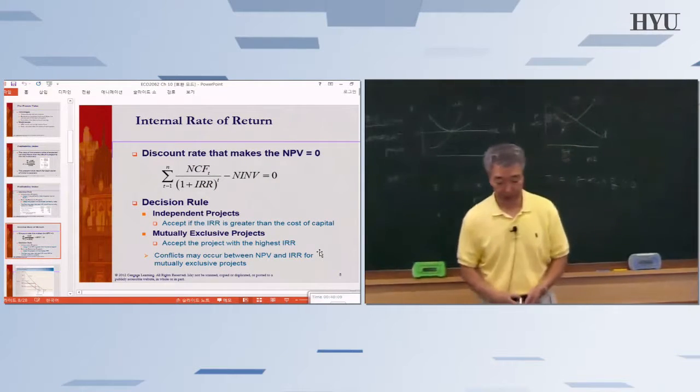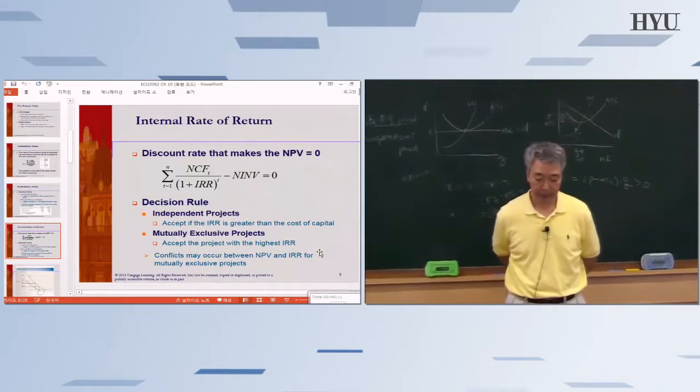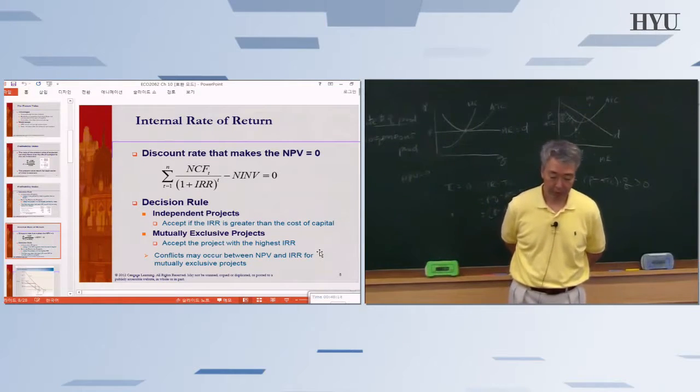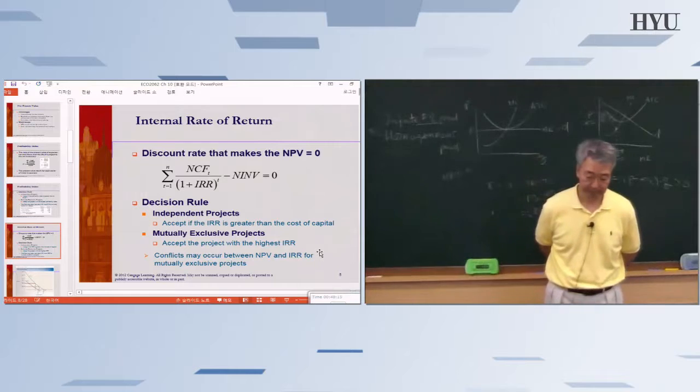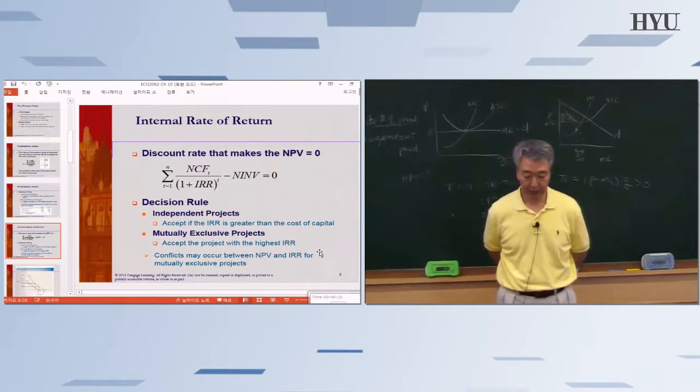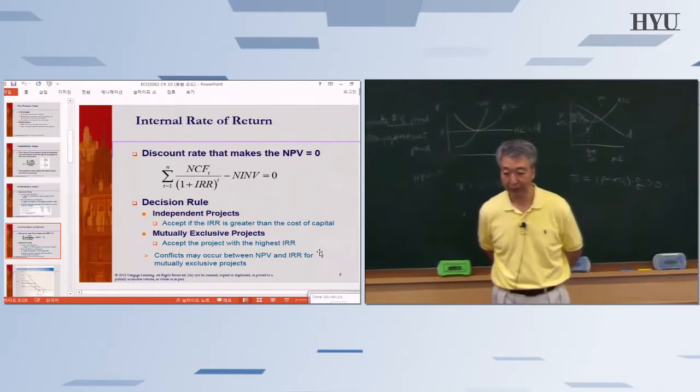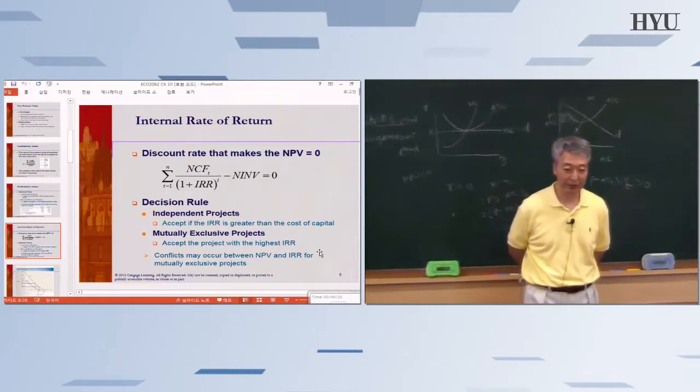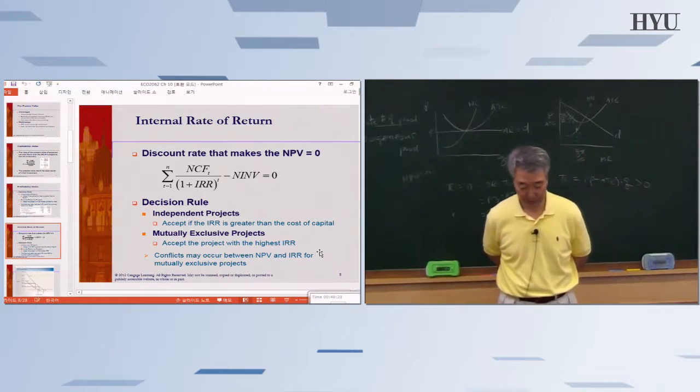All right, the third criterion is called the internal rate of return. This is a kind of interesting idea. In my opinion, this is more complicated than the net present value concept.